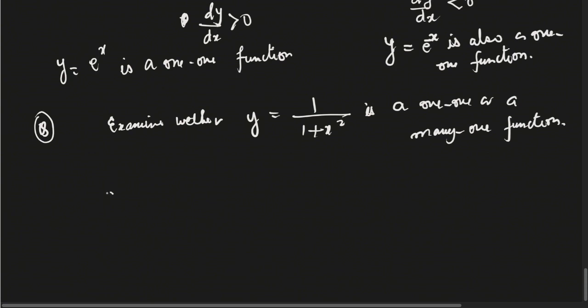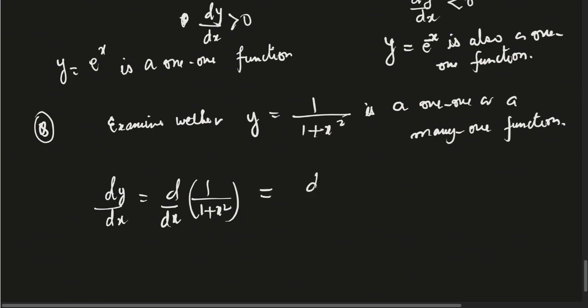So what we will do is differentiate this function with respect to x. What will this give us? This is actually d upon dx of 1 plus x square to the power minus 1. We know that in such cases we use the chain rule.